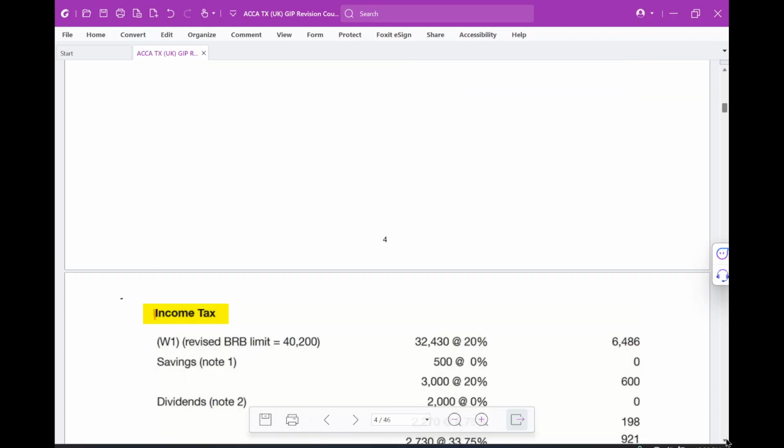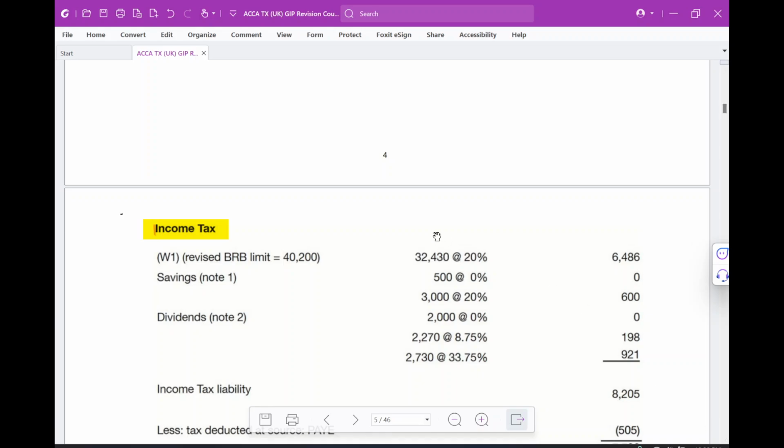So if we move back down the page, you'll see that because 32,430 is within the revised basic rate band limit, we know that all of it can be taxed at 20%. We're absolutely covered in this amount, and we have more basic rate band left over. So if we're taking all of the non-savings income at 20%, we're getting the tax figure of 6,486, and that is all of the non-savings income taxed.